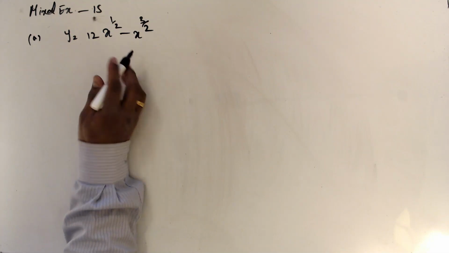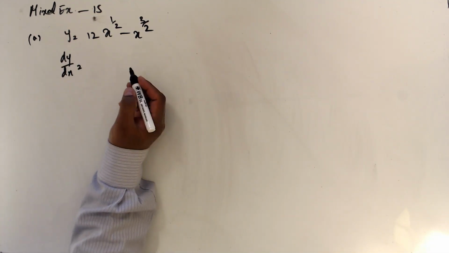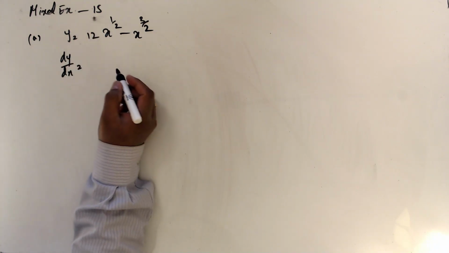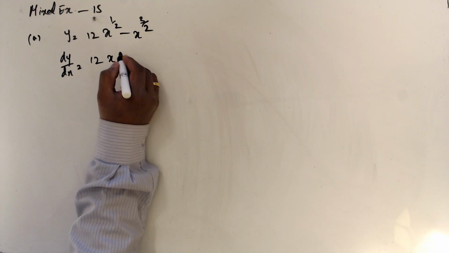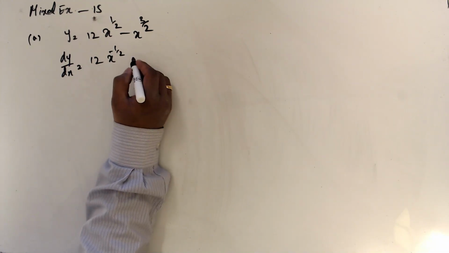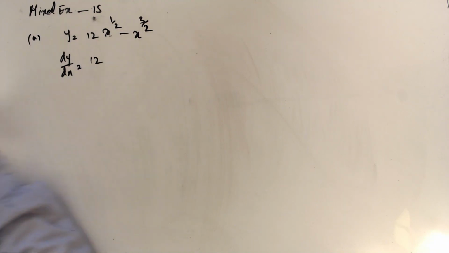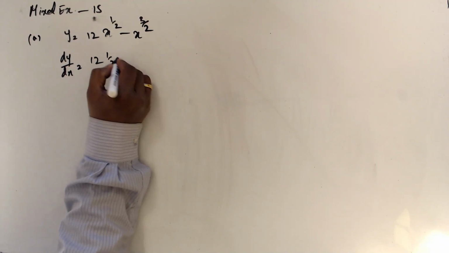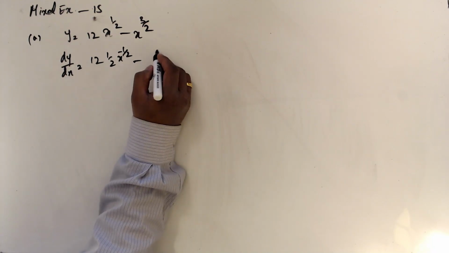Y equals this one. We want to find dy over dx. Then question number 15 part A. So 12 as it is, this is x to the minus half. Half x to the minus half. This is not integration.